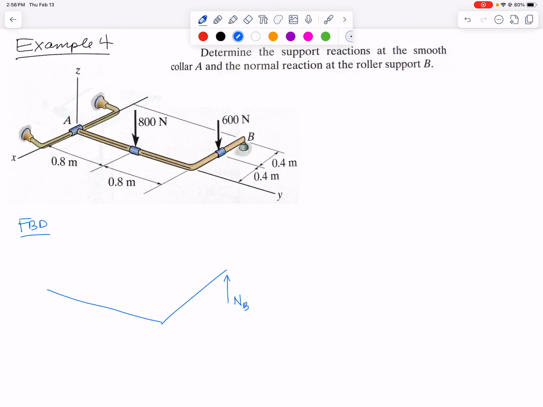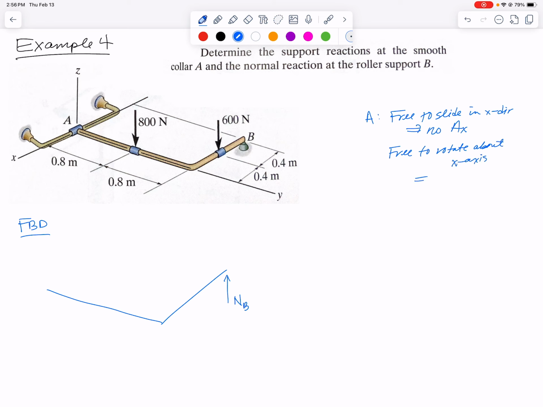So the idea over here at A is because that collar is smooth, it is free to slide along this pipe or bar over here. So it's free to slide in the X direction. That means we will have no reaction force in the X direction. It's also free to rotate about that same axis, the X axis.